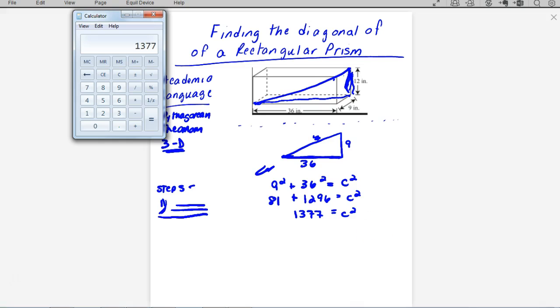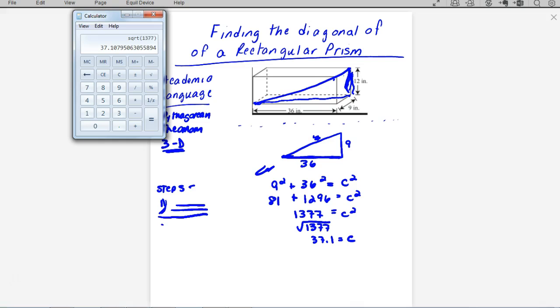So c is going to be the square root of 1,377. Let's do that, and what do we get? Approximately 37.1 inches. So step 1, find the diagonal of that bottom triangle, okay?